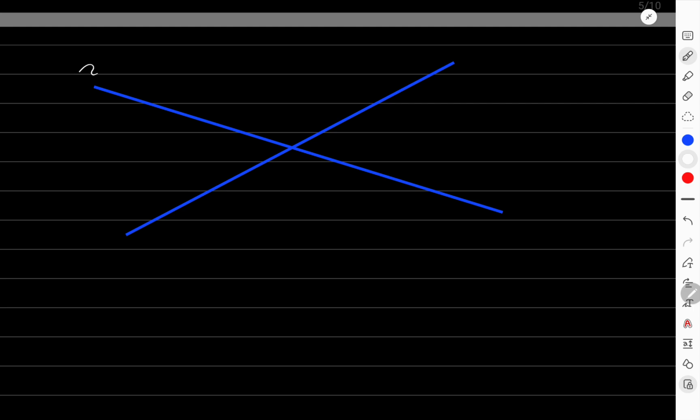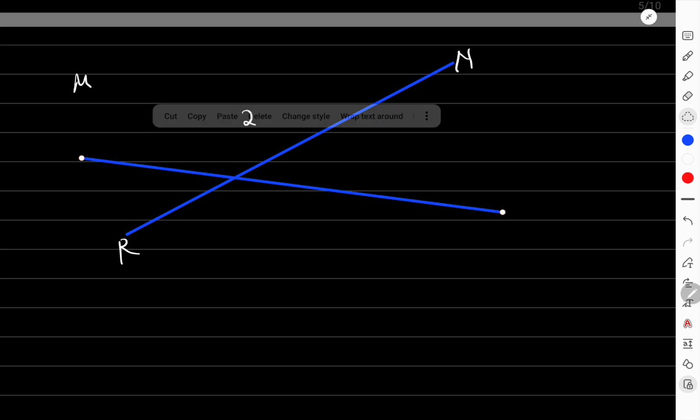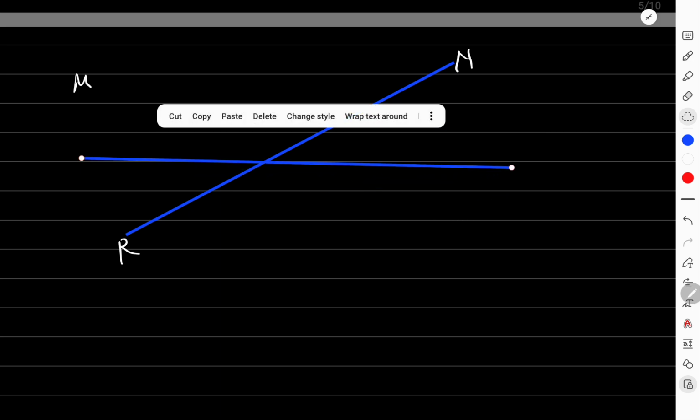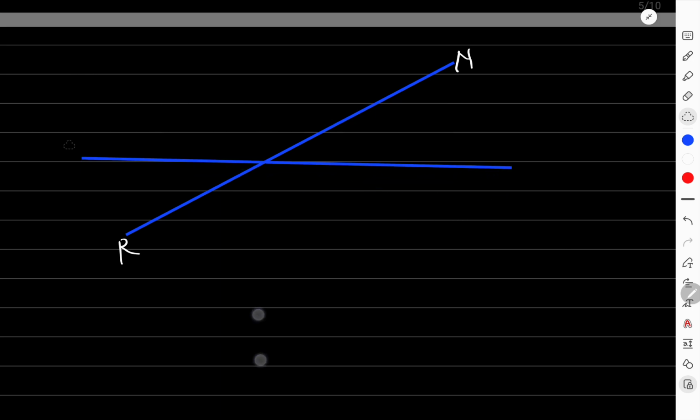I have M here, I have L. I have 2y minus 20 degrees, and I have 146 degrees here.